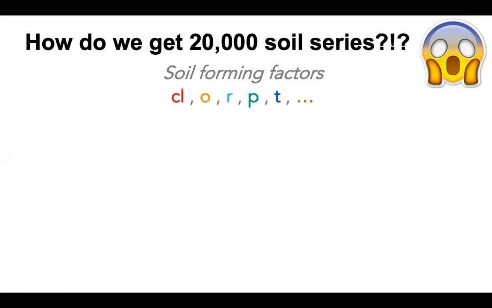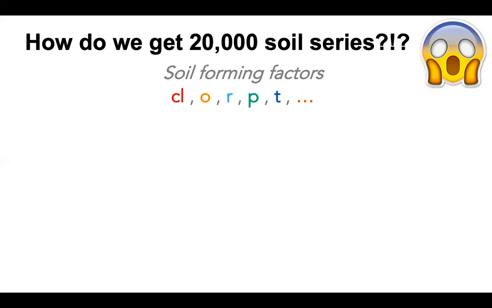So we have this acronym, CLORPT. It is not necessarily a pretty acronym, but it's been around for a little while. Actually, a scientist back in the 1940s who used to be a professor here at University of Missouri, Hans Jenny, kind of came up with that, and it's stuck around. So most soil scientists will know that acronym of CLORPT.